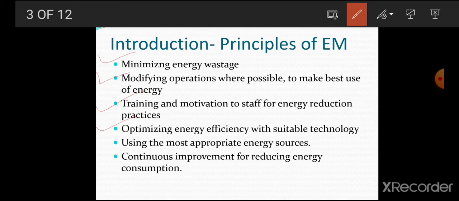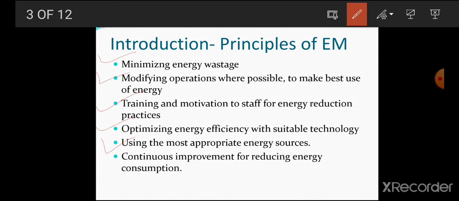For example, if LEDs are available, and if there's a requirement of light, you should not buy CFL or older generation of technology. Then using the most appropriate energy sources.